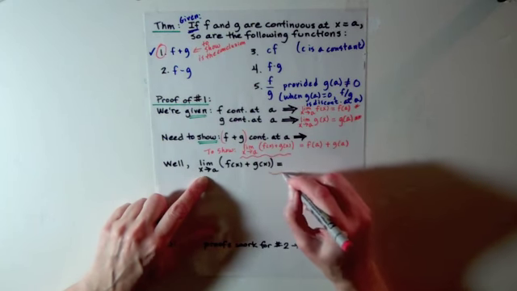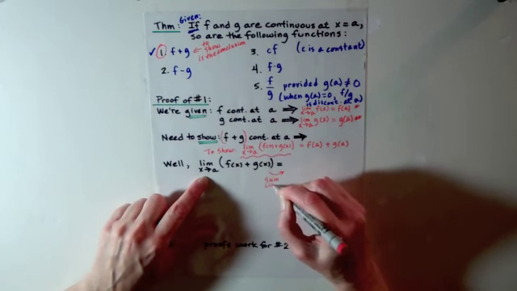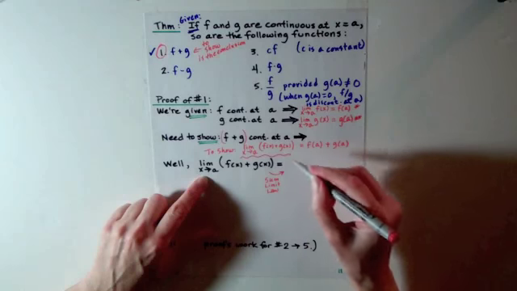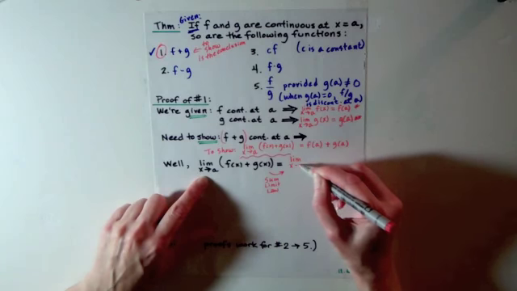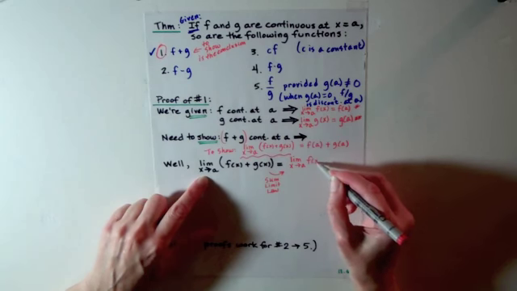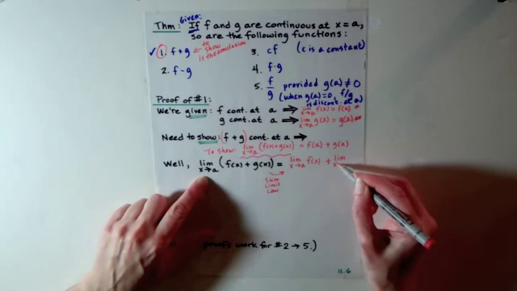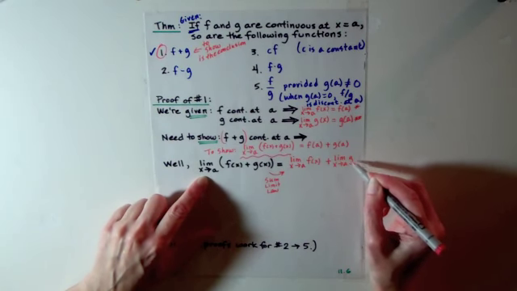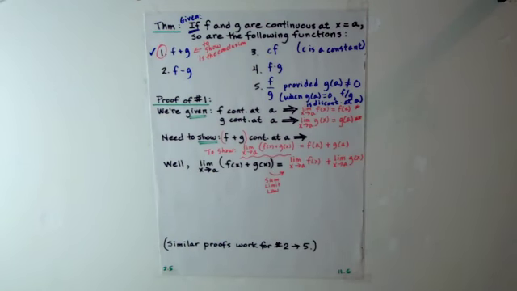So by the sum limit law, it's the limit as x approaches A of f of x plus the limit as x approaches A of g of x.